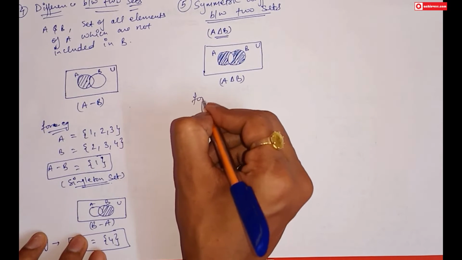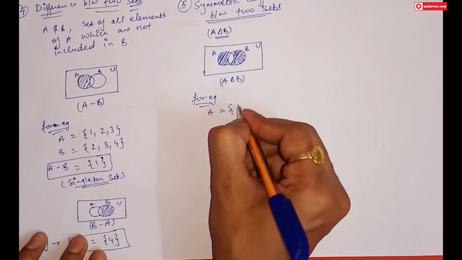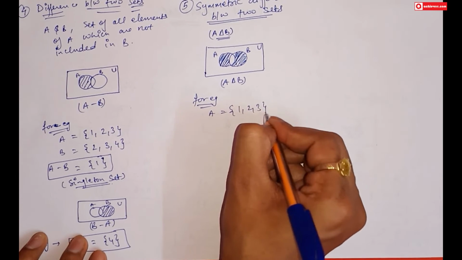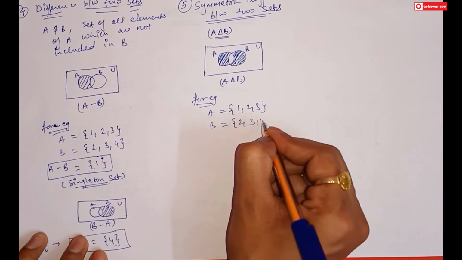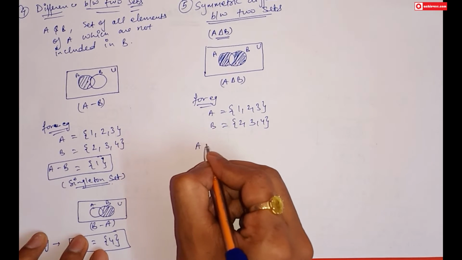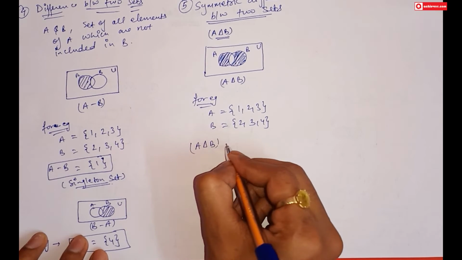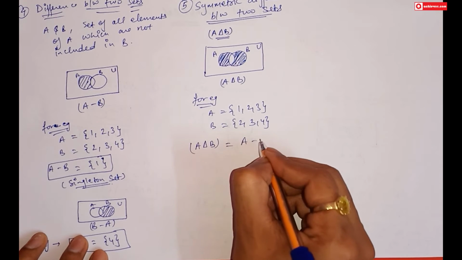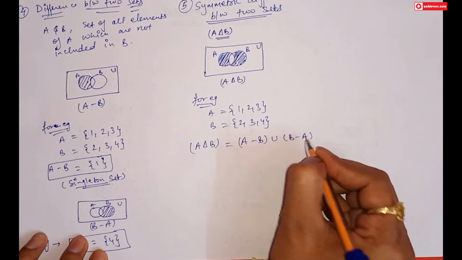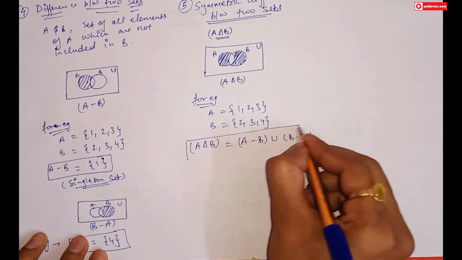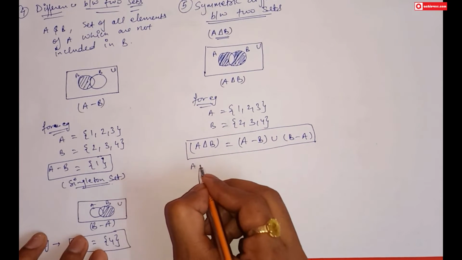So for example, we have two sets, A which is 1, 2, 3 and B which is 2, 3, 4. So A symmetric difference B will be A minus B union B minus A. So what is A minus B?